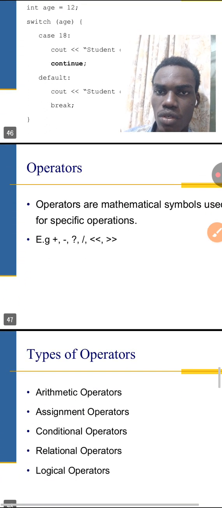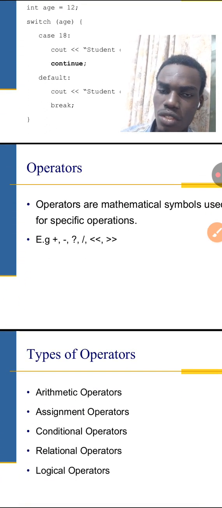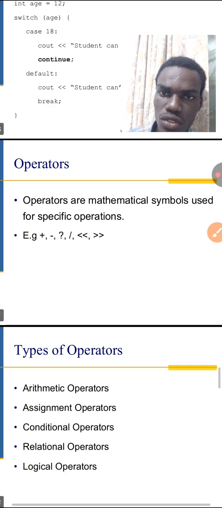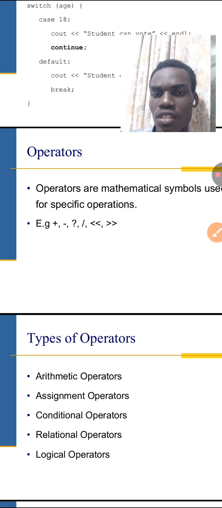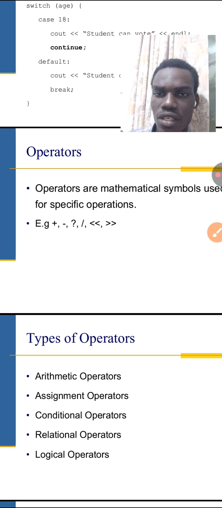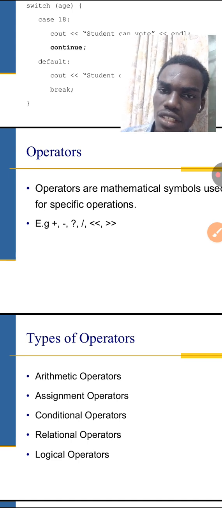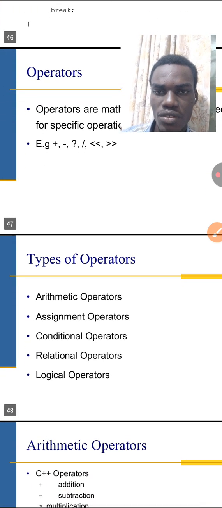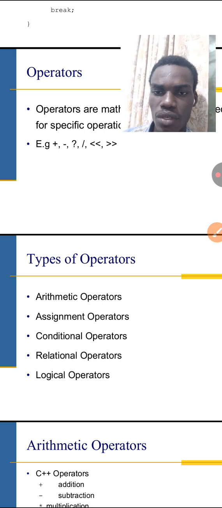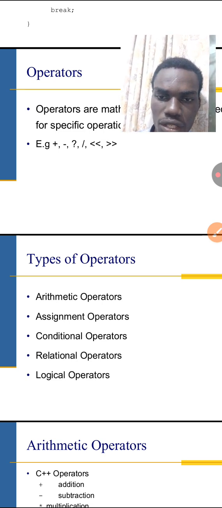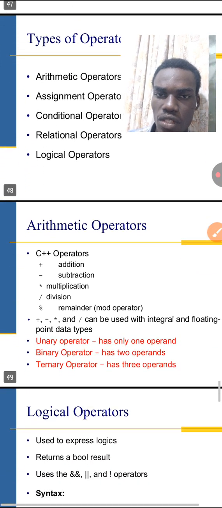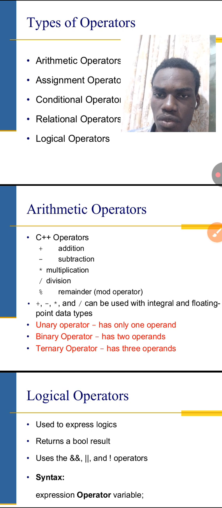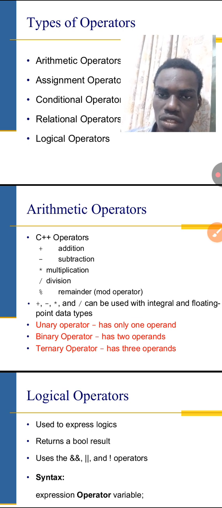Now let's look at the operators. The operators are mathematical symbols used for specific operations. We have plus, minus, question mark, and then less than and greater than. The types of operators are the arithmetic operator, the assignment operator, the conditional operator, relational operators, and the logical operator. Arithmetic operators cover addition, subtraction, multiplication, division, and the percentage sign, which is the remainder.